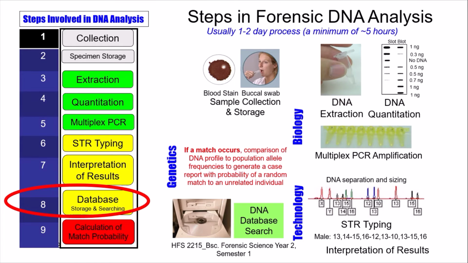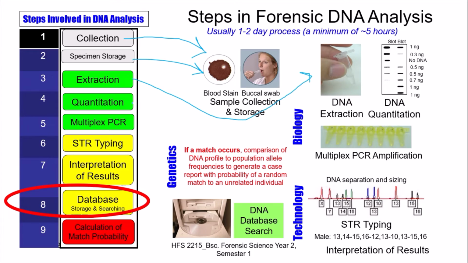How do you develop these ones? Usually they are developed in the process of forensic DNA analysis, so that they are stored for future comparison and such. Because in DNA analysis we do collection of the sample from the crime scene, from the suspect, and of course also storage. Then we extract DNA.